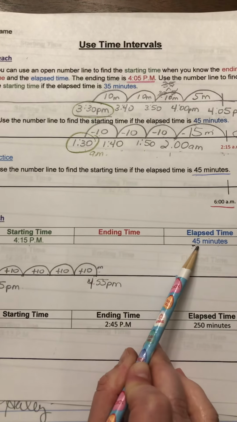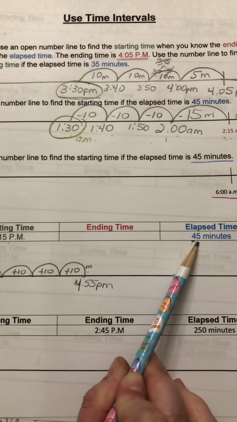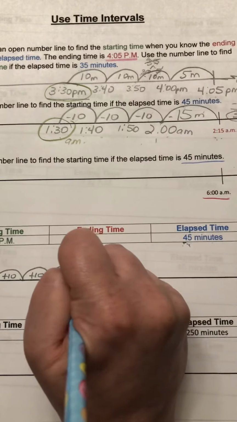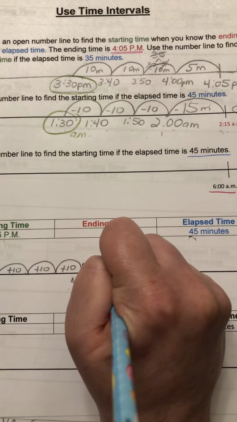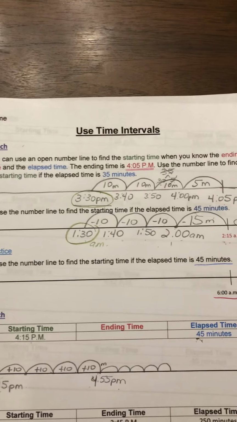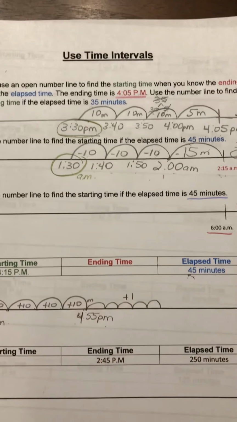And so since I've been able to move my minutes that's been listed in my tens column, now I'm going to move to my ones, and I'm going to add those additional minutes. So if it's at 4:55, I need to move 5 more minutes. I can make 5 more small little rainbows. 2, this is 3, this is 4, that's 5. And each of these are plus 1 minute.